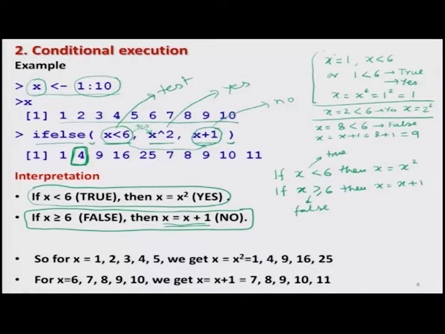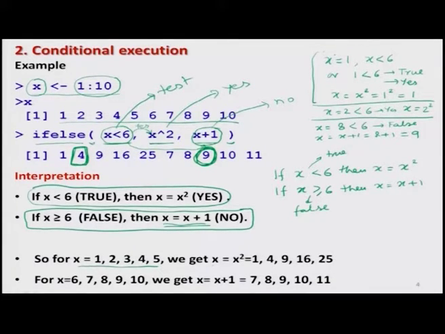And you can see, this is the value, which is 9. And similarly, the entire expression will be executed. And all these expressions I have given here, that for x equal to 1, 2, 3, 4, 5, the conditions remain true, that each of these values is smaller than 6.